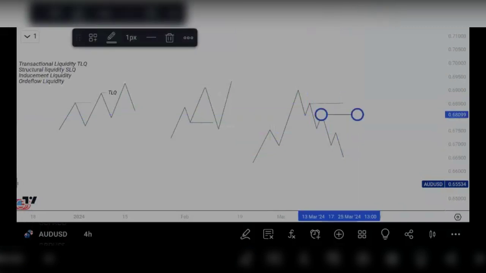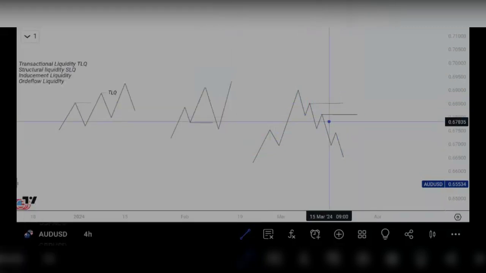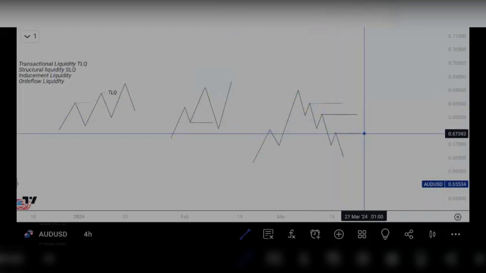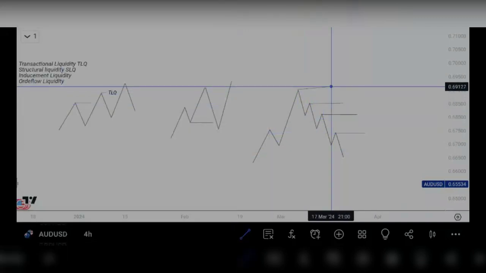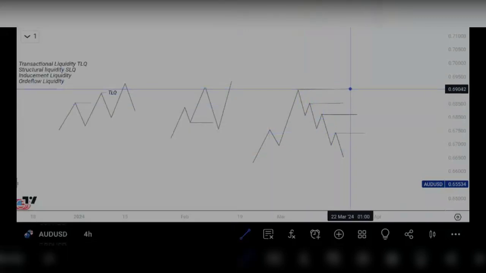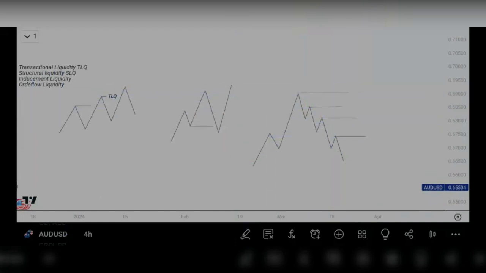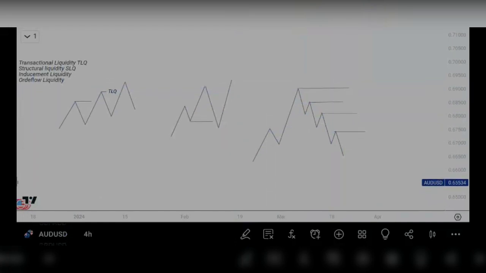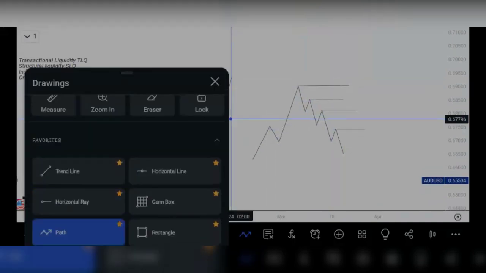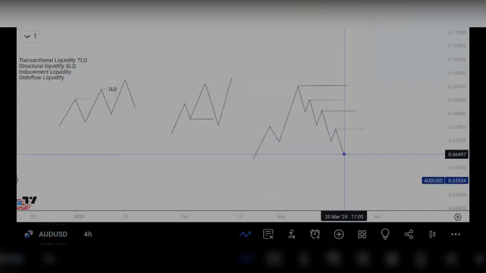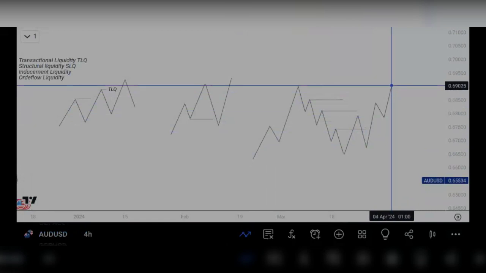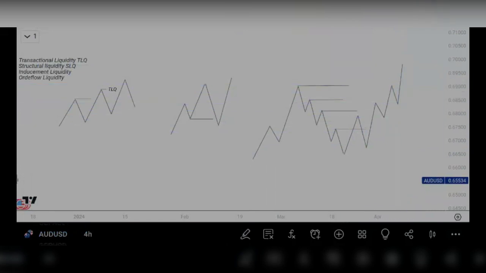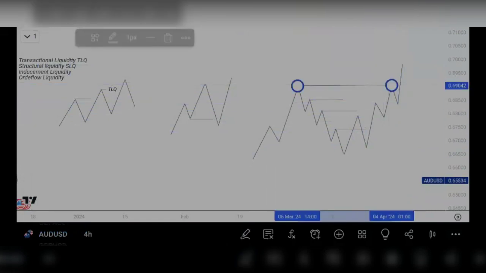And price needs to what? To take them all out. Then the last one here at the top is called what? Transactional liquidity, because it's the extreme and it's an external form of liquidity. Then price takes out all the structural liquidity, pushes, and finally takes out the transactional liquidity, which is the CLQ.